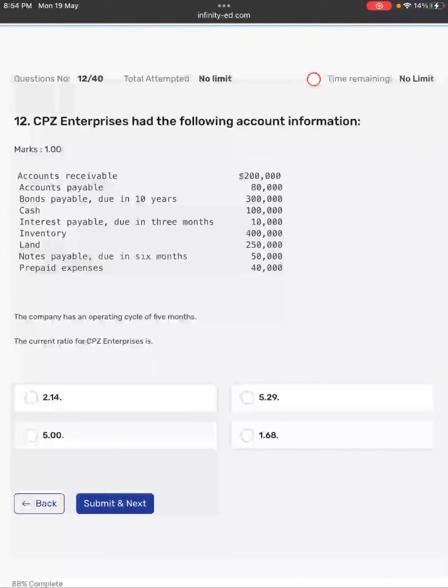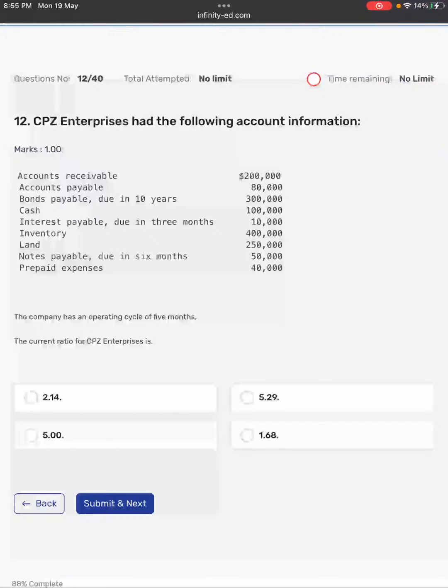Now question number 12. Receivable given, account payable given, bond payable due within 10 years, it means long term, given. Cash given, interest payable due in 3 months given, inventory given, land given, note payable due in 6 months given, it means short term. Prepaid expenses given, this is current asset.